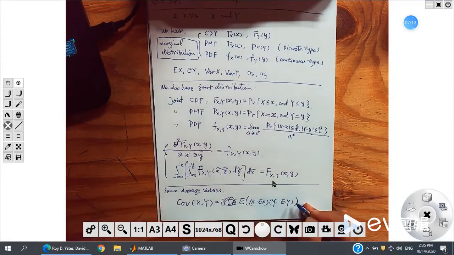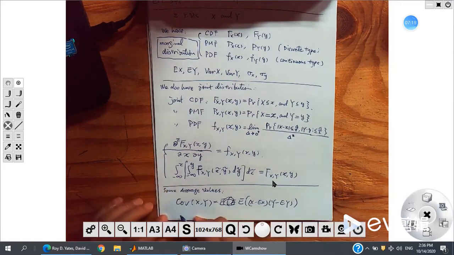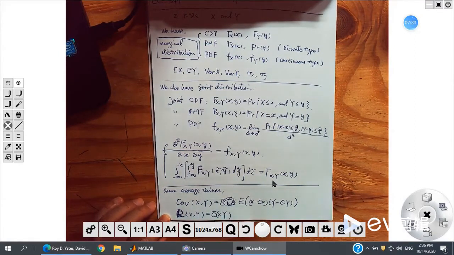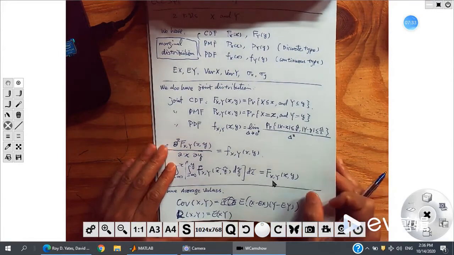Okay, we have this covariance, and we also have the correlation r_XY. It is just E[XY], okay, correlation. So we have these two.